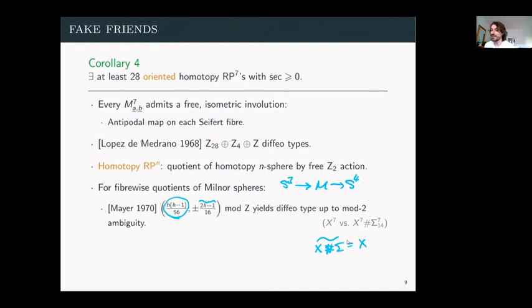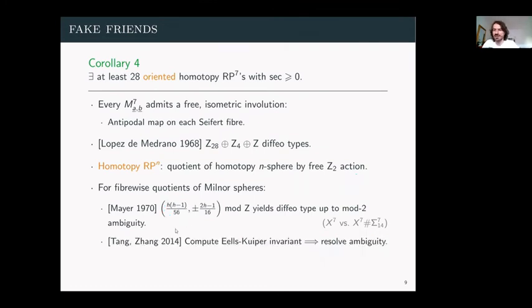Well, you get something that looks like a connected sum with 2 copies of sigma. And so, of course, this is the same universal cover as X would have. Okay, so if you think about this for a moment, you can convince yourself that this is true. And this is the mod 2 ambiguity that Meyer's result doesn't resolve.